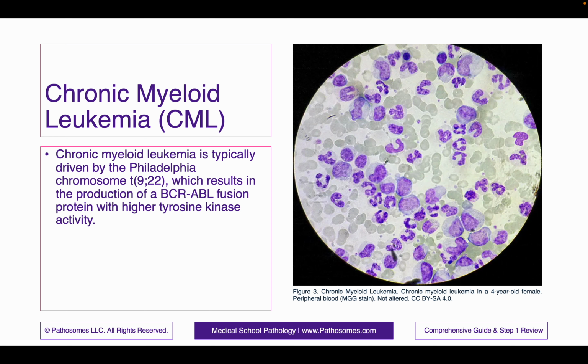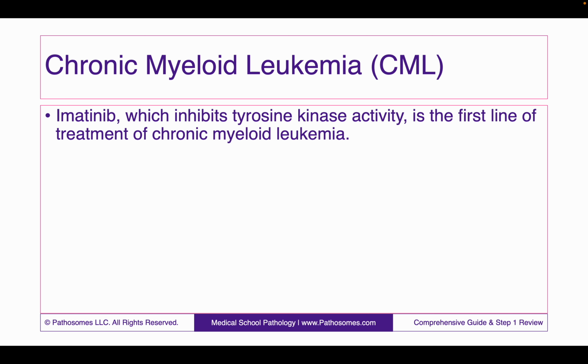So when BCR-ABL fusion happens, more downstream elements are turned on and there's more cell generation, which in this case is negative and leads to this neoplastic process. Fortunately, Imatinib, which inhibits tyrosine kinase activity, can be used as first-line treatment for chronic myeloid leukemia.